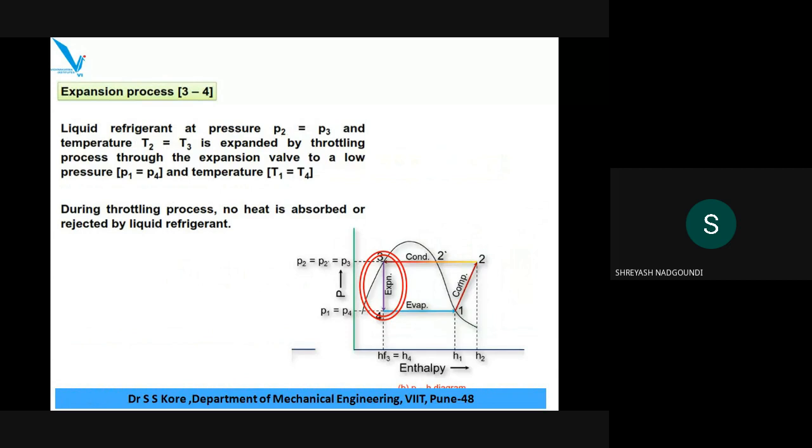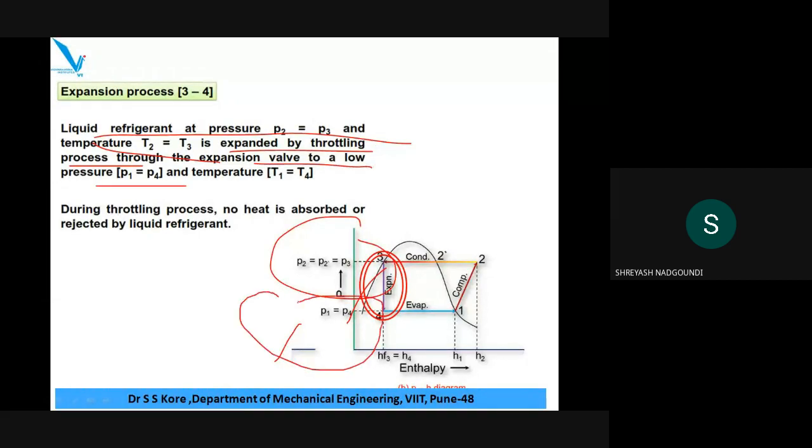It is highlighted by this red color. So liquid refrigerant at high pressure P2 equal to P3 and temperature T2 equal to T3 is expanded by throttling process, through an expansion valve to a low pressure.